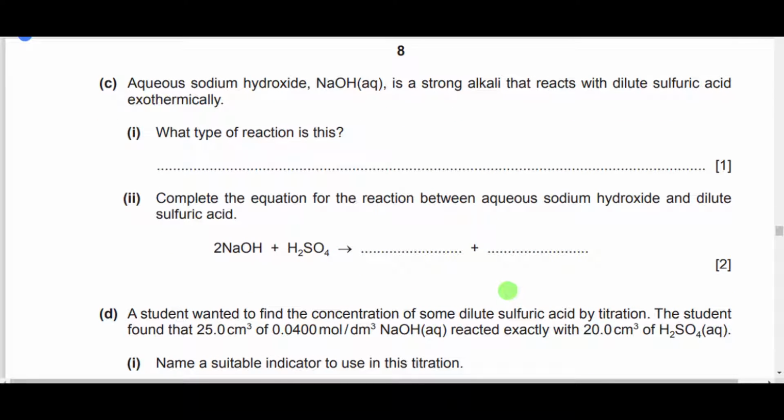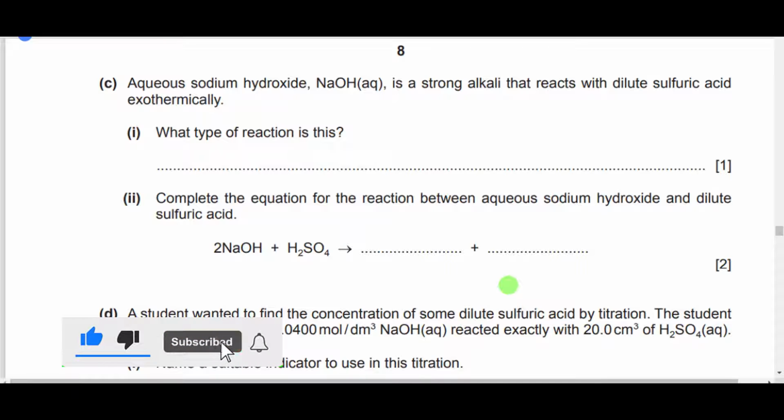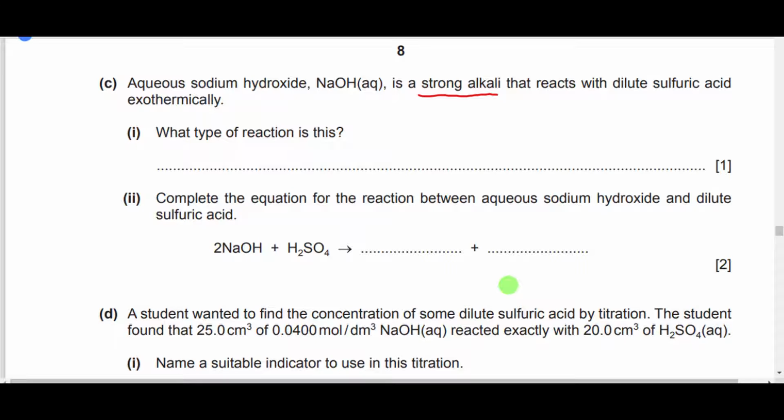Then the next question says aqueous sodium hydroxide is a strong alkali that reacts with dilute sulfuric acid exothermically. Now what does that mean? Being a strong alkali, it ionizes completely in solution.